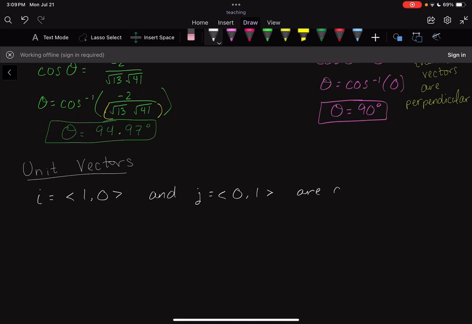These are called unit vectors because they have magnitude 1.